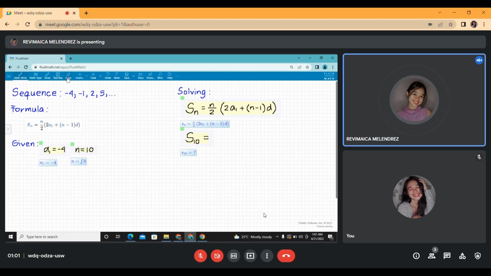Okay, sorry for that, so let us erase this first. n is equal to 10. Because the value of our common difference is not given, let us first find the value of d. So solve for the value of d.